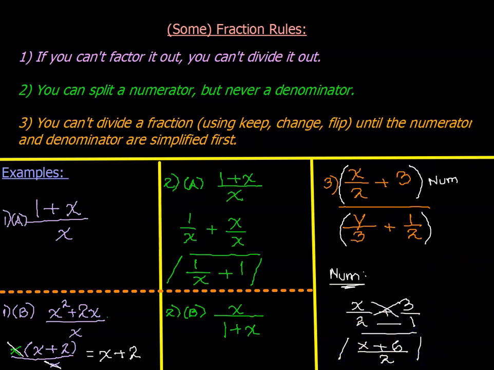I'm going to take the denominator as a sidebar as well, and just y over 3 plus 1/2. So using crisscross applesauce, 2 times y is 2y plus, because there's a plus in the middle, 1 times 3 is 3, over 6.